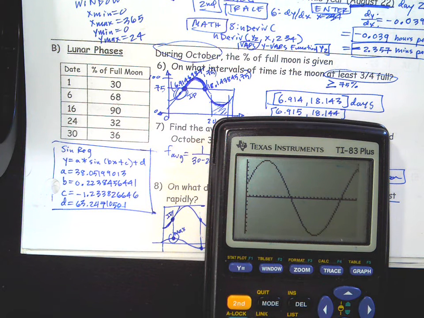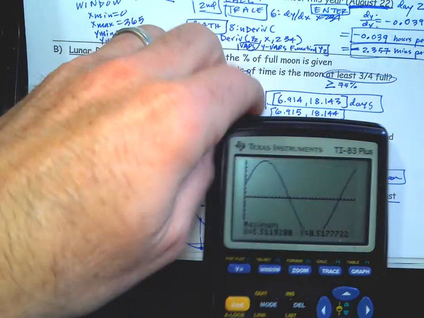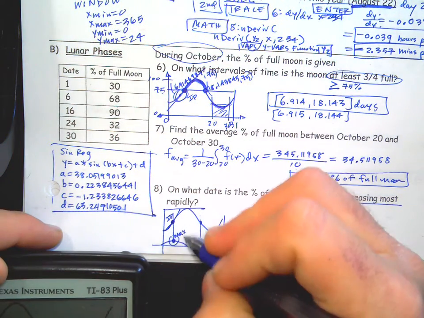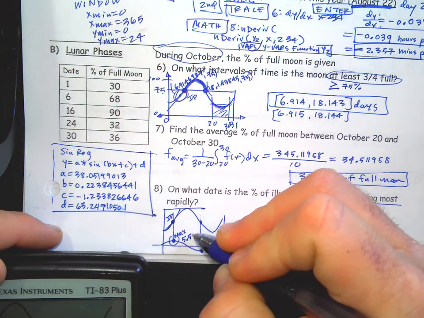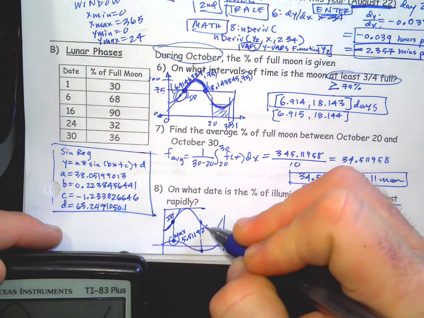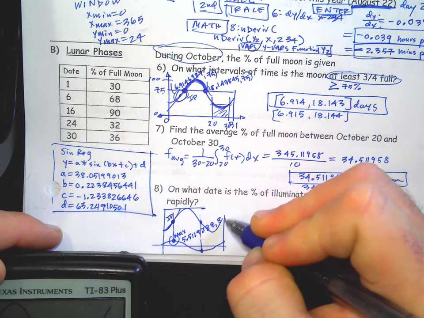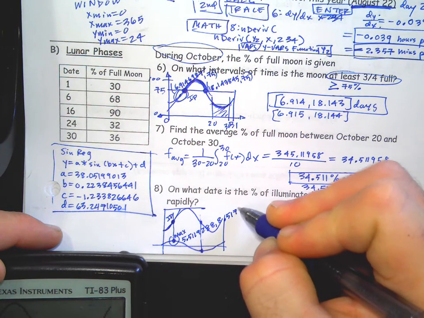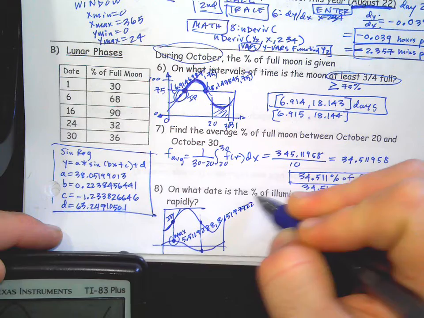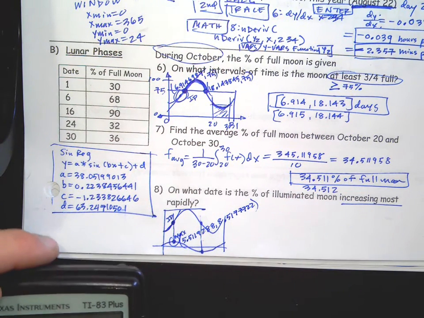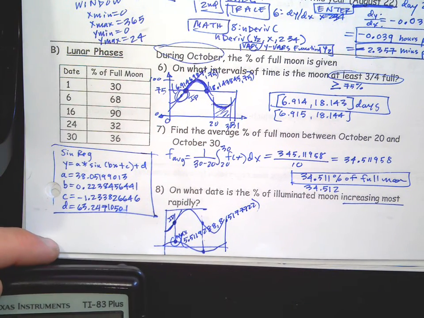You got to tell it where to look for it. And there it is. It is 5.5119288, 8.51777722.